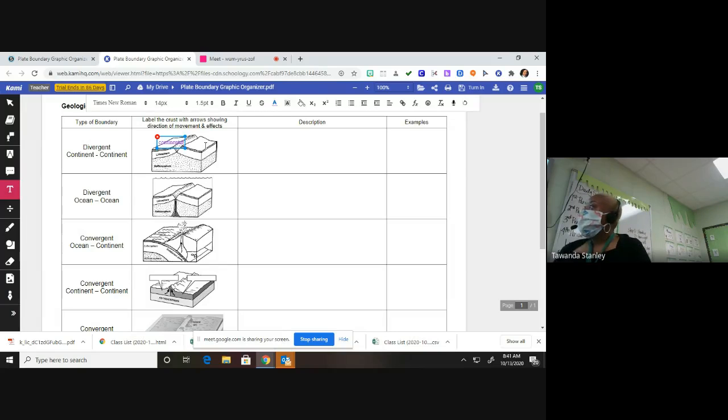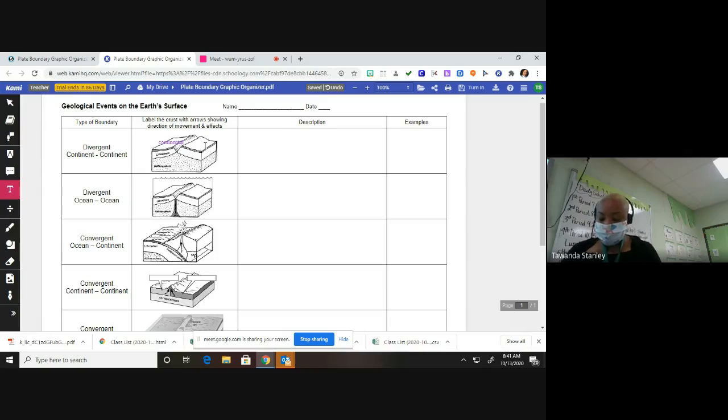This side over here is going to be continental. I'm assuming some of you already have this complete, but please type this down if you haven't. These are all ways to help us get ready to review for our test on Thursday. We're going to write that as well, but I just want to make sure the crust is labeled.